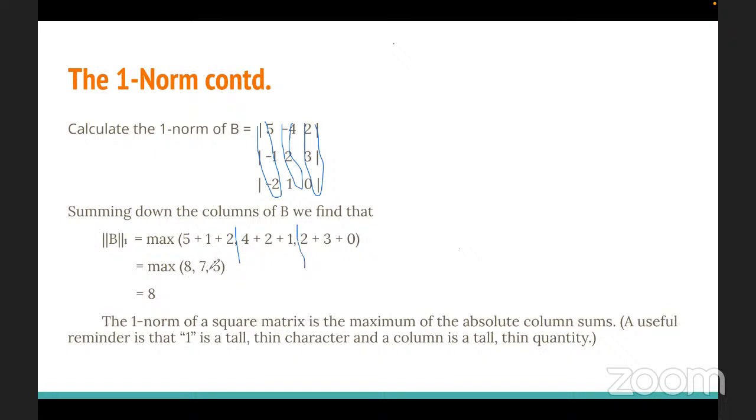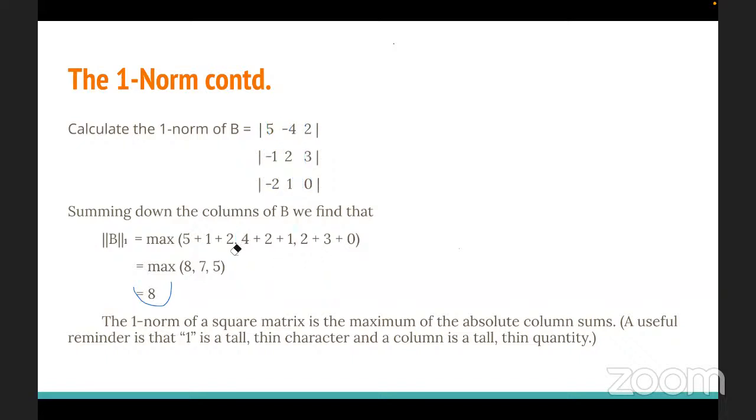We have 8, 7, and 5. The biggest is 8, so the norm of this matrix using the one norm method is 8. So we say the one norm of a square matrix is the maximum of the absolute column sums, right? That is the norm of a square matrix using the one norm, all right?